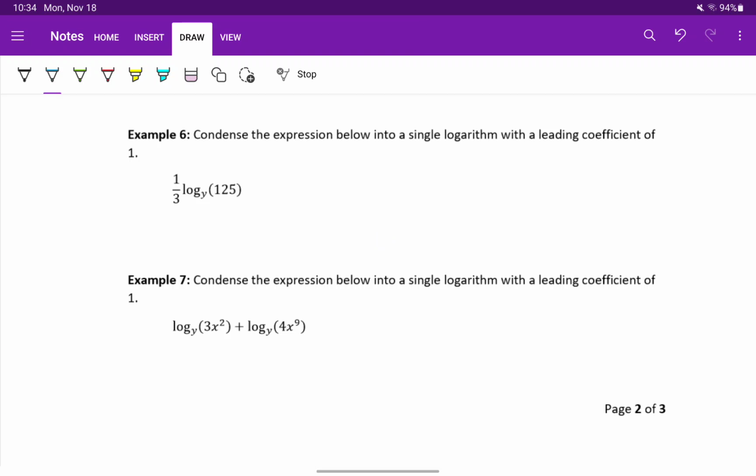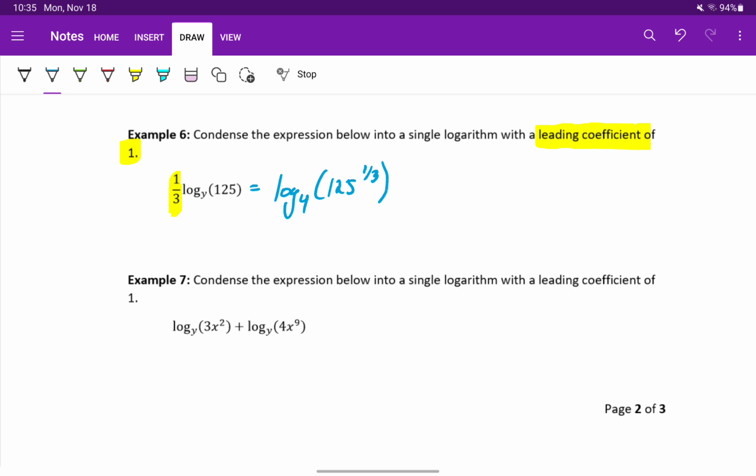In example 3, we want to condense this expression, making sure that we have a leading coefficient of 1. Right now we have a leading coefficient of 1/3, so what we want to do is get rid of that coefficient out front. Since this is a logarithm, we can rewrite this as the log base y of 125 to the 1/3 power.